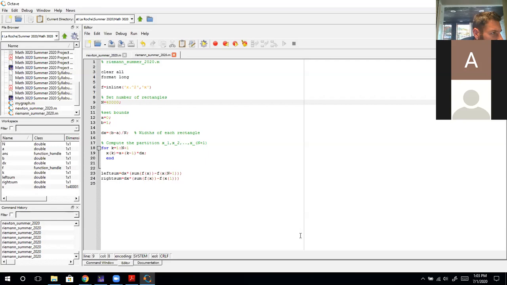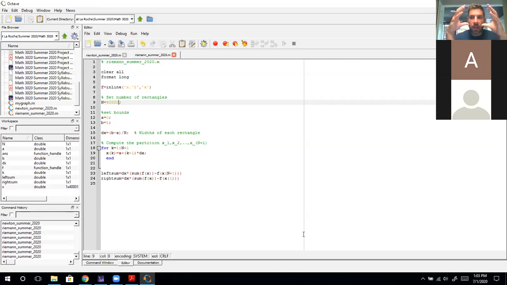1, 2, 3. I believe I do. Yeah, so the one nice thing, what's that? Left sum is equal to delta x times sum, right? Well, not times sum, it's times this big quantity. So work from the inside out. This is sort of like your order of operations nightmares when you're in like 6th grade.